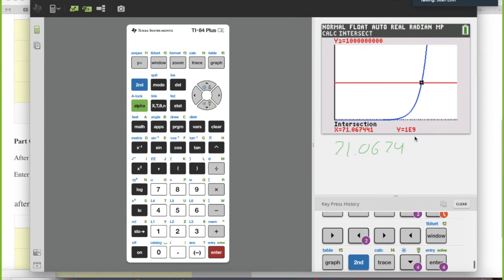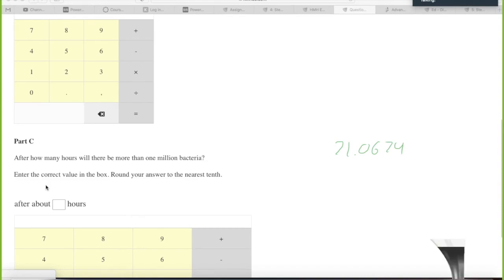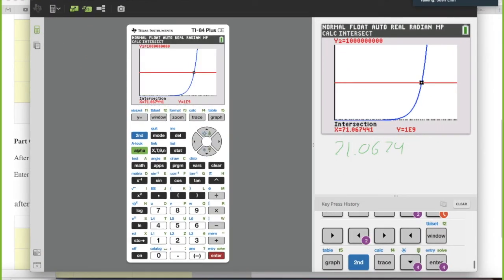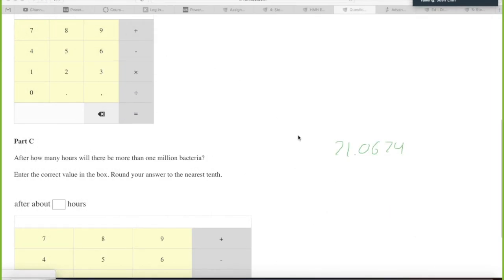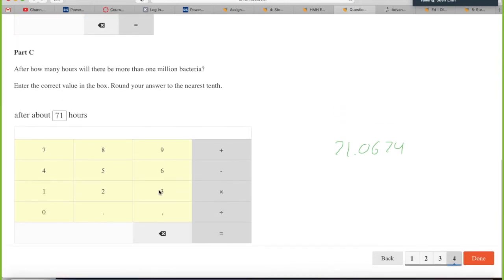That little e there means times 10 to the 9th. So 1,000,000. Go away, calculator. So that means that after about 71 hours, you will have 1,000,000 little chunks of bacteria.